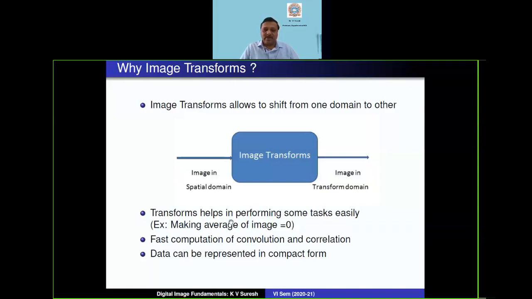So if I take the signal or the image from the spatial domain to the transform domain, all of you know that I think this is one of the property of Fourier transform also. Convolution in time domain is what is it in the frequency domain? Can somebody tell me? Multiplication. Yes.